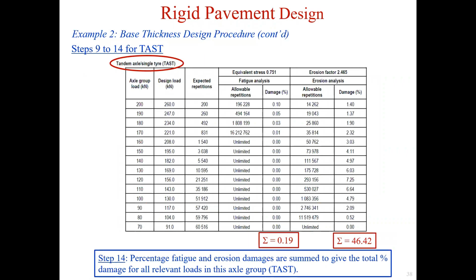The previous slide ran steps 9 to 14 to get the total damage for axle group SASD. This slide repeats steps 9 to 14 for TASD. The percentages of total fatigue and erosion damage are summed as 0.19% and 46.42% for this TASD axle group.